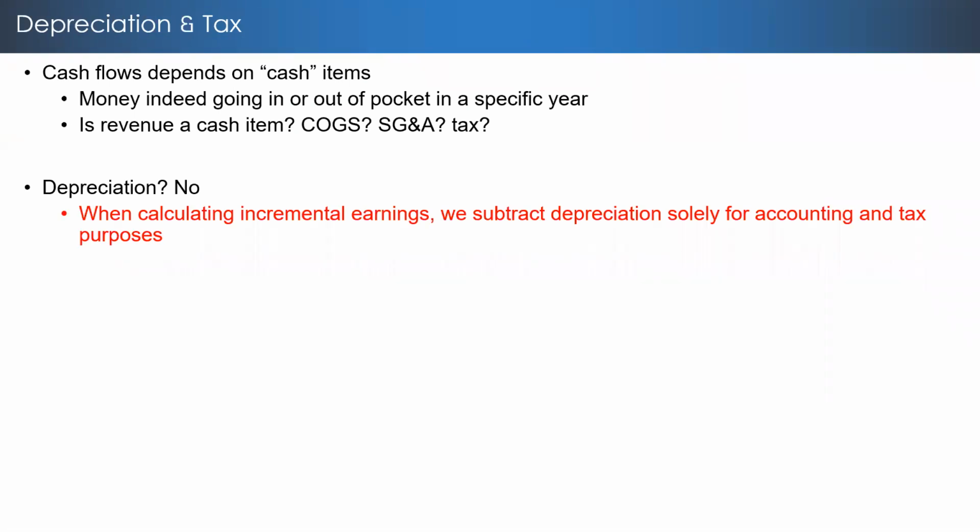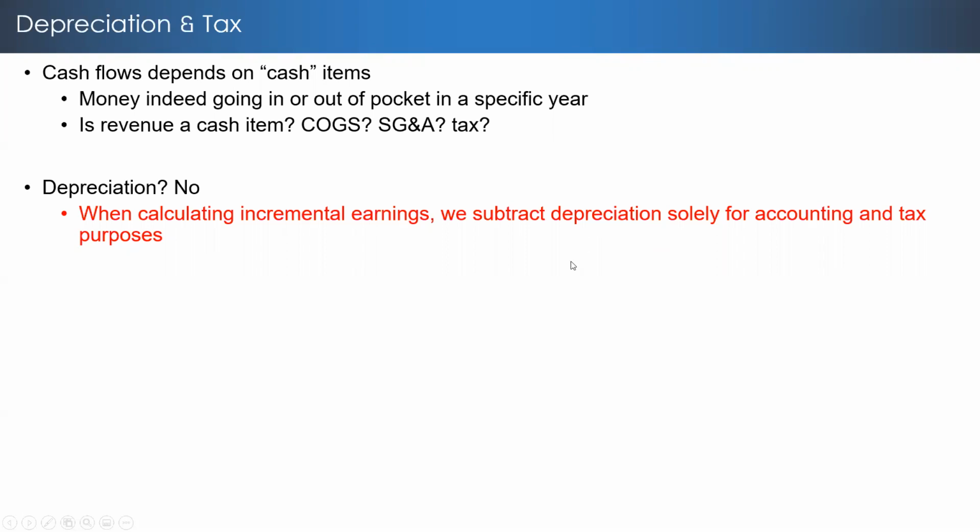We deal with depreciation before tax only for the tax purpose. This is more related to accounting. One reason we specifically subtract depreciation before tax is that we want to estimate tax when depreciation is subtracted from the earnings.